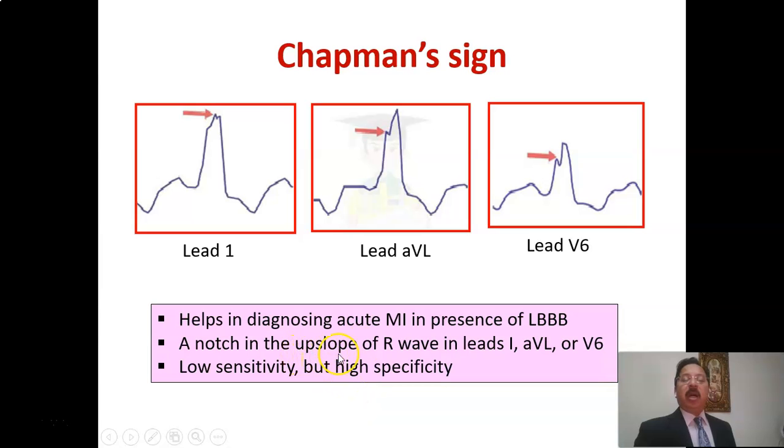A notch in the upslope of the R wave in leads 1, aVL or V6 can be seen, and this is called Cabrera sign. If you see a Cabrera sign, it's highly specific for acute myocardial infarction in presence of left bundle branch block.